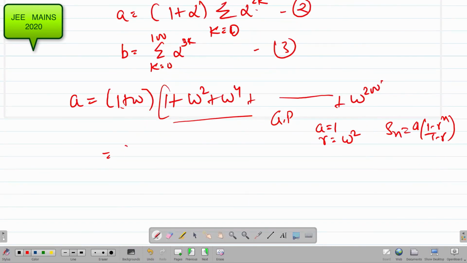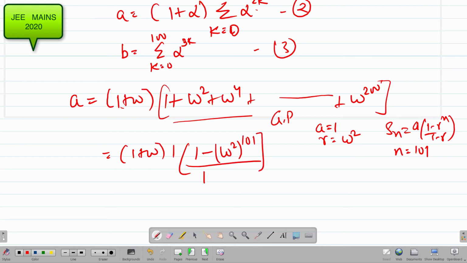So this is 1 plus omega, and using the formula of sum of GP, a is 1, r is omega square, and the number of terms, since K is from 0 to 100, is 101. So omega square to the power 101 upon 1 minus r, that is 1 minus omega square. So this is 1 plus omega, and this is 1 minus omega to the power 202 upon 1 minus omega square.